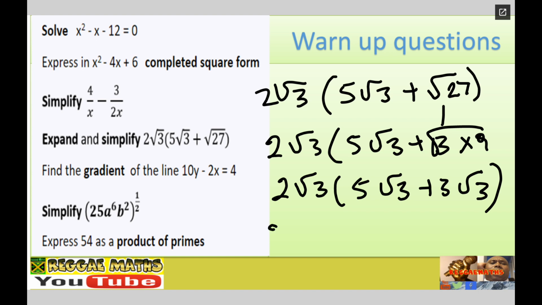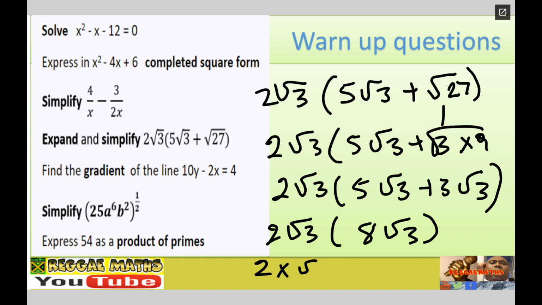So basically I have 2 root 3 bracket, and 5 plus 3 gives me 8 root 3. Then I just want to multiply this out to show all the students what's happening here. It's 2 times root 3 times 8 times root 3.